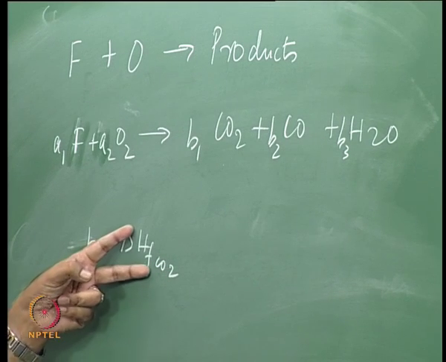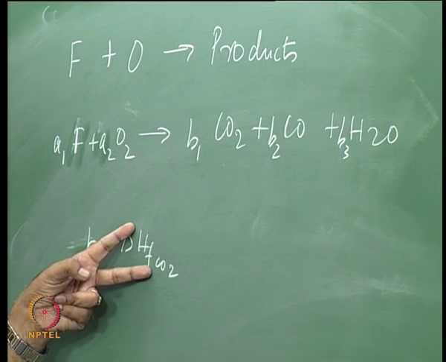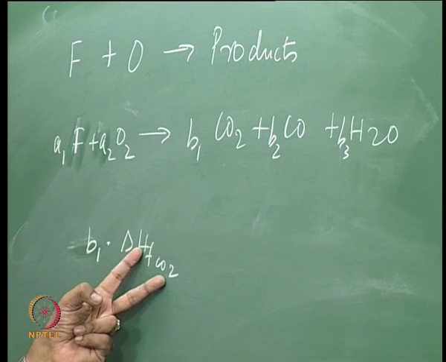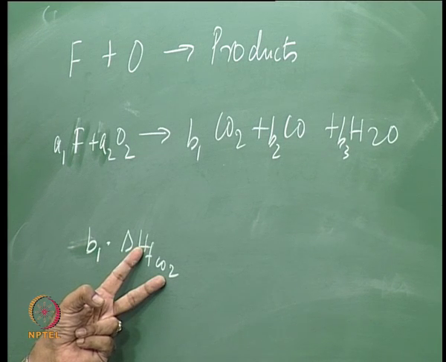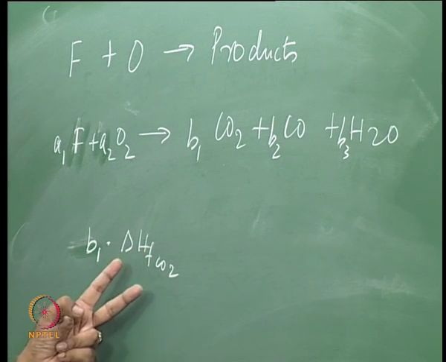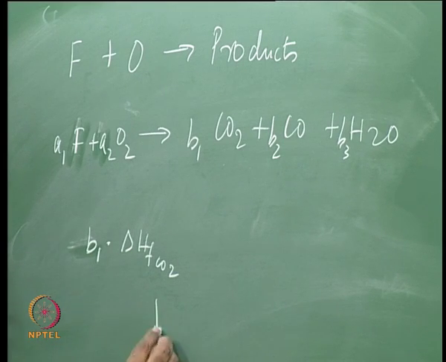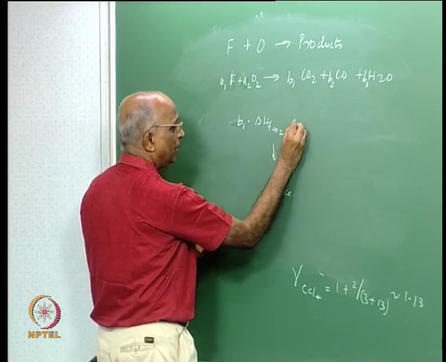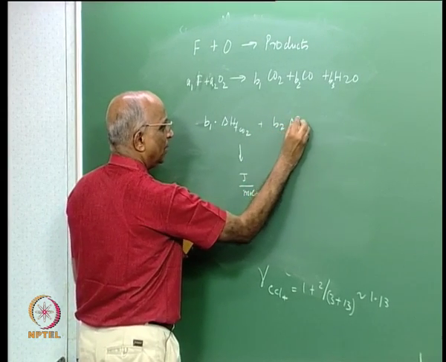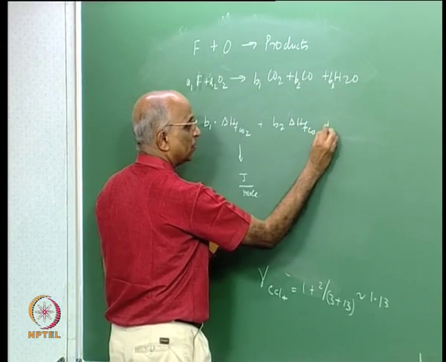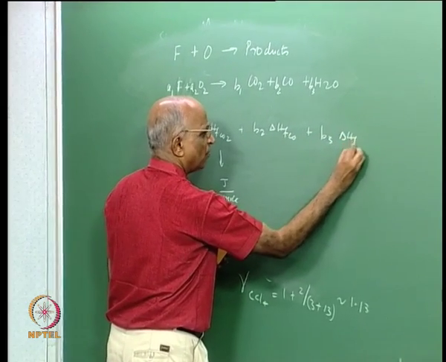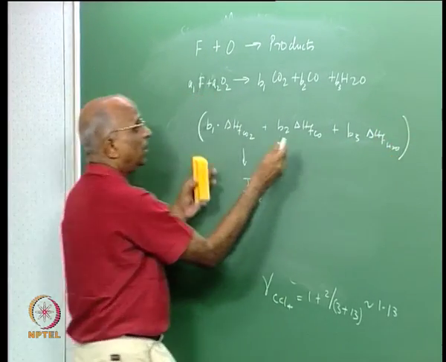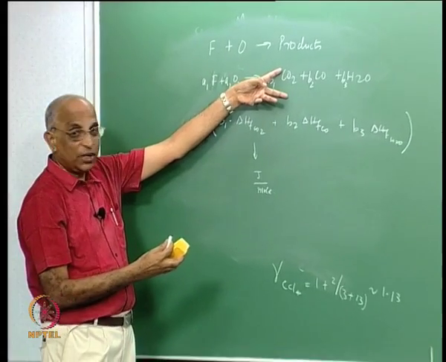Mind you, heat of formation is the heat required to form 1 mole of the substance at standard condition from its elements, again at standard condition. Therefore the heat of formation unit is joule per mole. Plus B2 times delta H_F of CO plus B3 times delta H_F of H2O. This is the total heat of formation of the products.